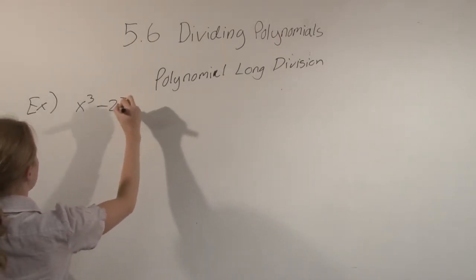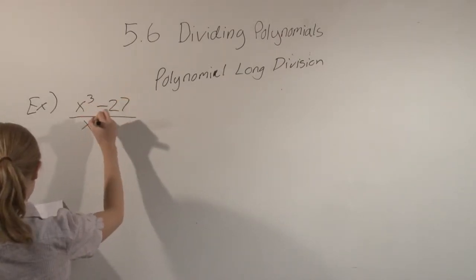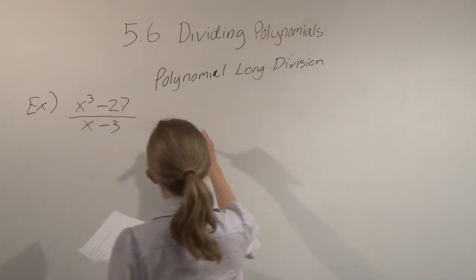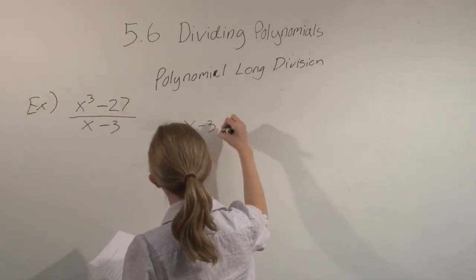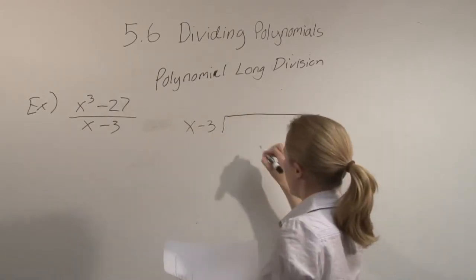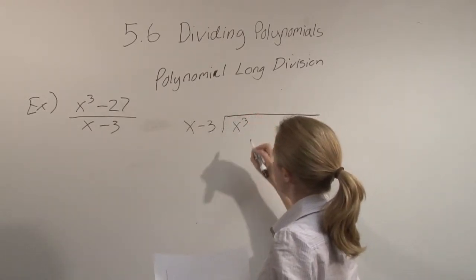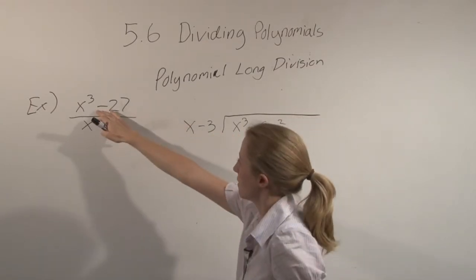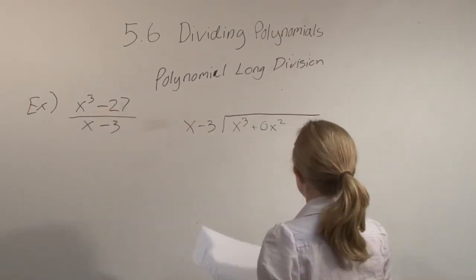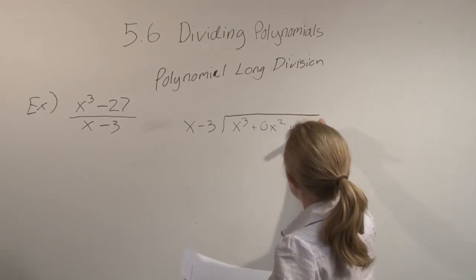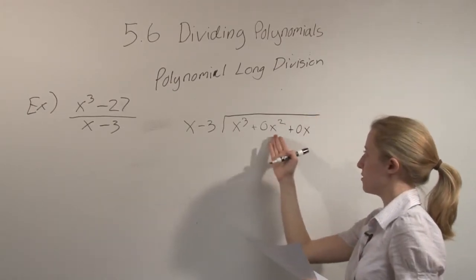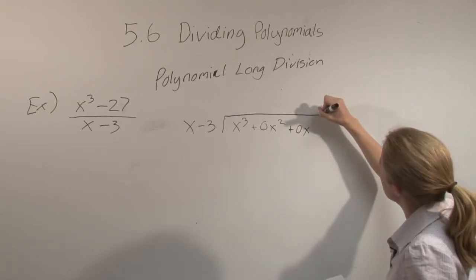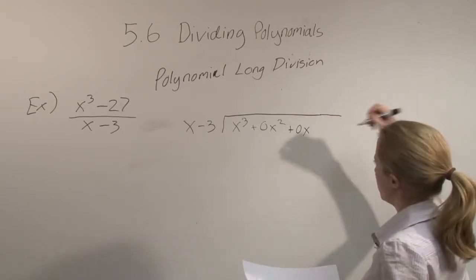So if I have this problem here, I'm going to take x minus 3, and I have x cubed, but I'm going to write in a plus 0x squared, because even though there's not an x squared term listed here, there is one implied, and I have to keep all of these powers of x accounted for in the long division, just like you have to think about decimal places when you're doing long division with numbers.